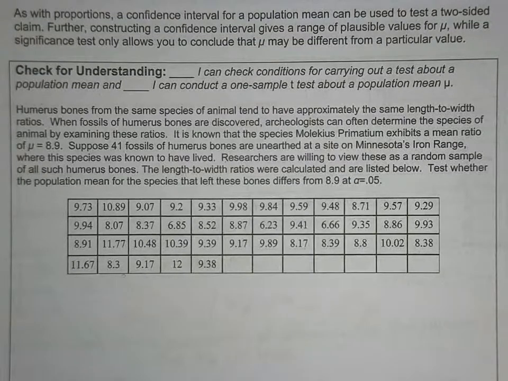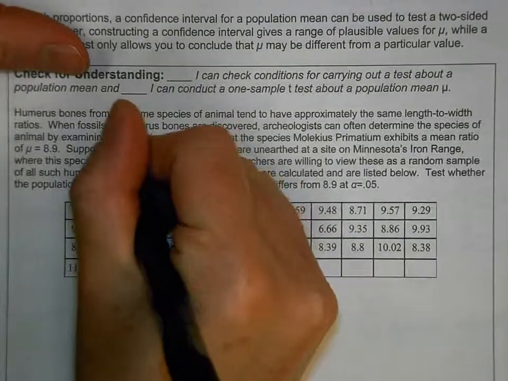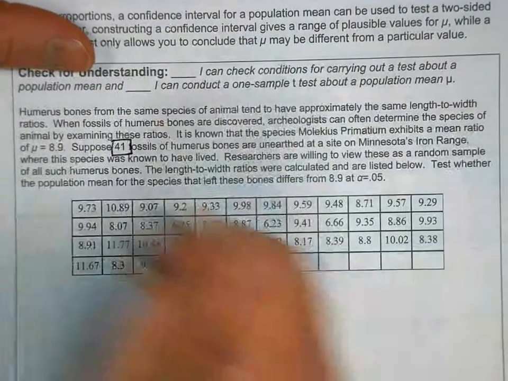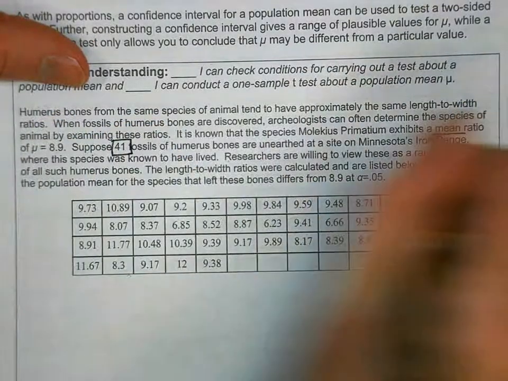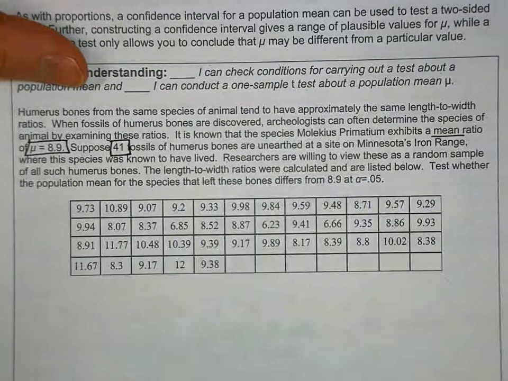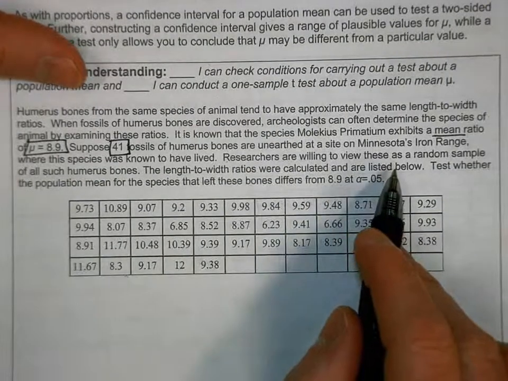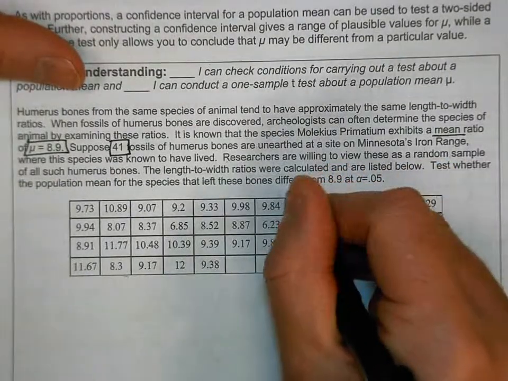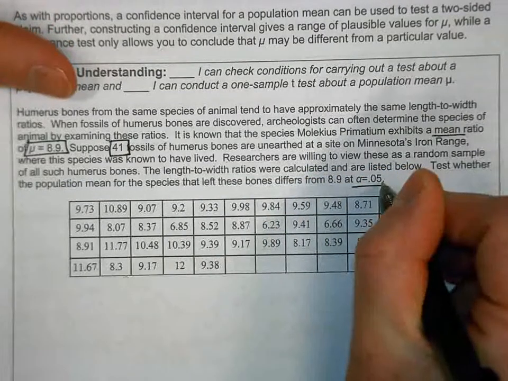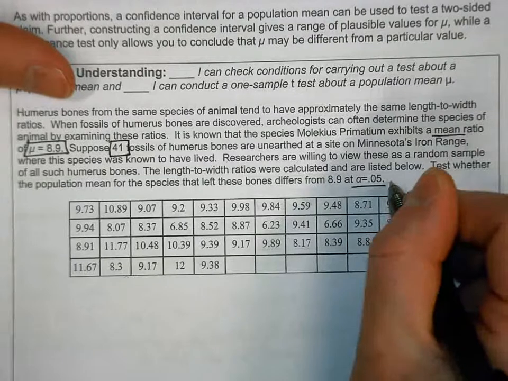So, we have all of our data. And they told us that there were 41. We also have the mean ratio, and they even gave us the symbol, mu, which is 8.9. Our first step in conducting this test, which they want us to calculate at alpha equal to 0.05, is to compare our p-value to that.